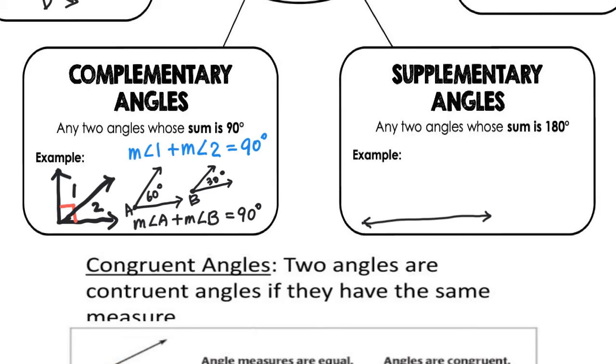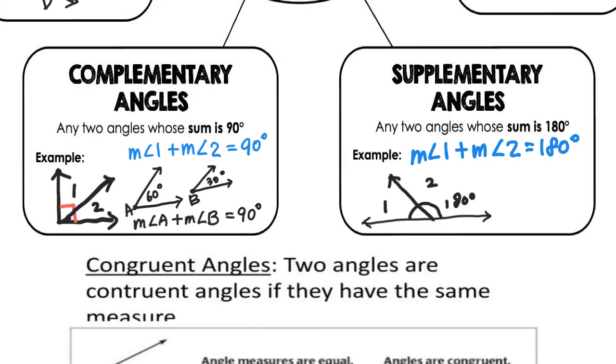And we know that a flat surface is like a half circle, that is 180 degrees. And let's say we have, ta-da, another ray. So angle 1 and angle 2 combine to 180 degrees.